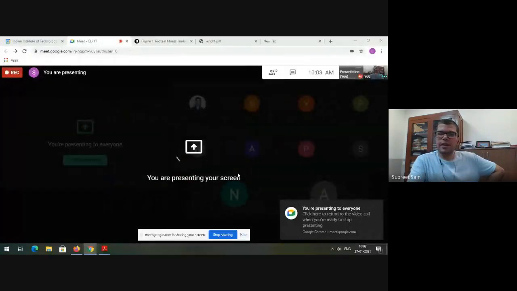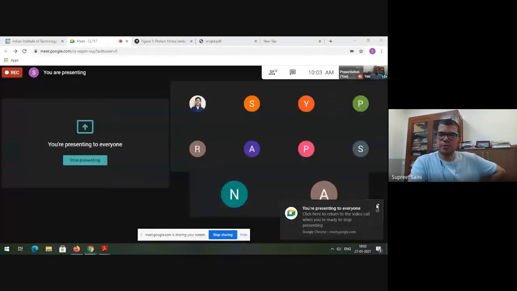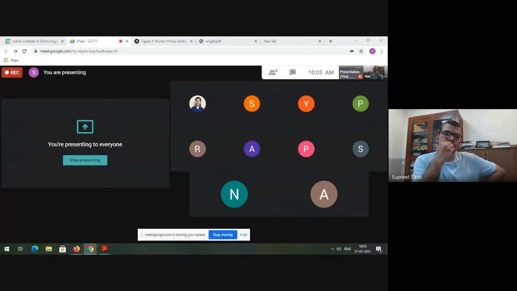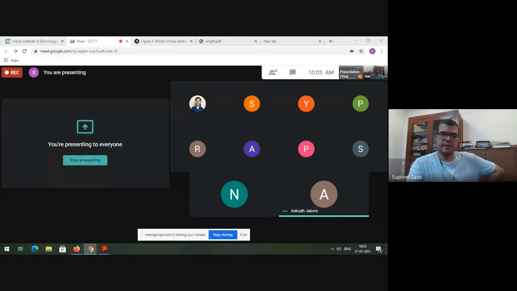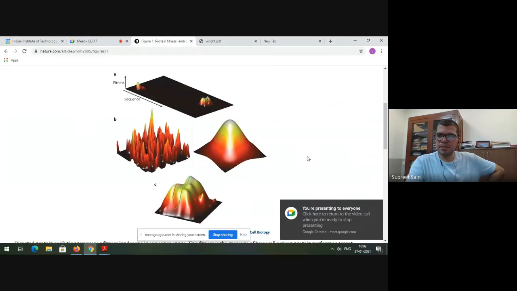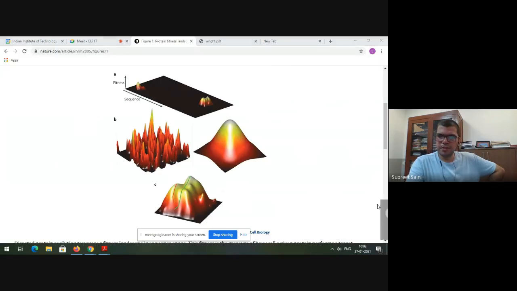Okay. Anybody remember who won the chemistry Nobel Prize 2 years back? Anybody know what directed evolution is? Yeah, you had mentioned Francis Arnold. Correct. Exactly. So this is a figure from a review paper that Francis Arnold wrote about 10 to 12 years back.